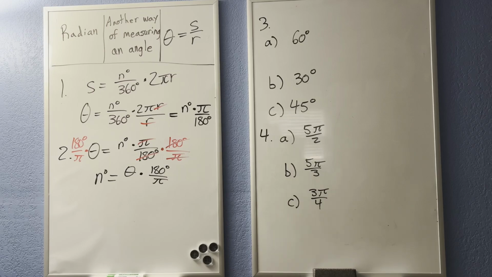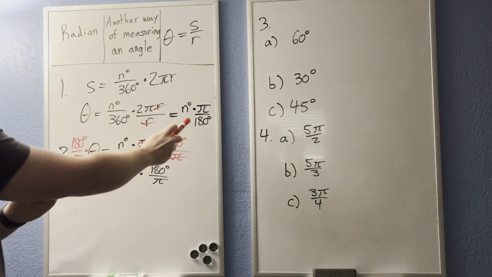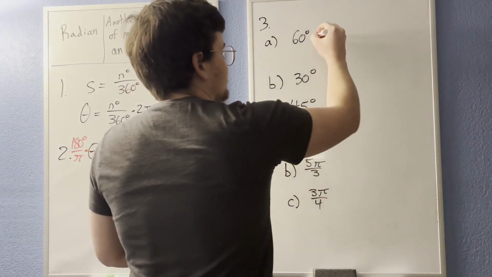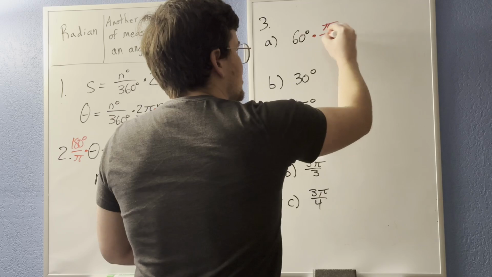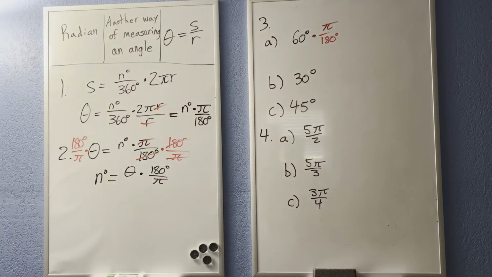Okay, so on 3a, we have 60 degrees. So if I want to go from degrees to radians, I do times pi over 180. So I'm going to do 60 times pi over 180. And for most of these, we're going to want to leave them in terms of pi. We talked about that last week. We just don't multiply by the pi button on the calculator.